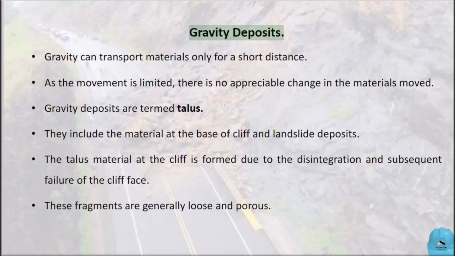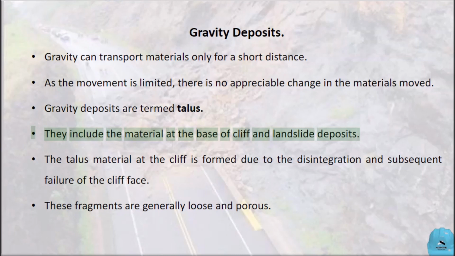Gravity deposits. Gravity can transport materials only for a short distance. As the movement is limited, there is no appreciable change in the materials moved. Gravity deposits are termed talus.